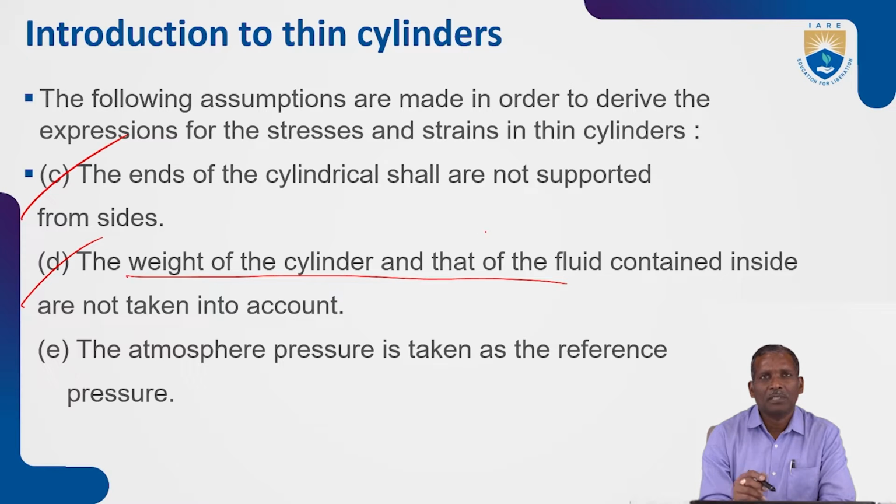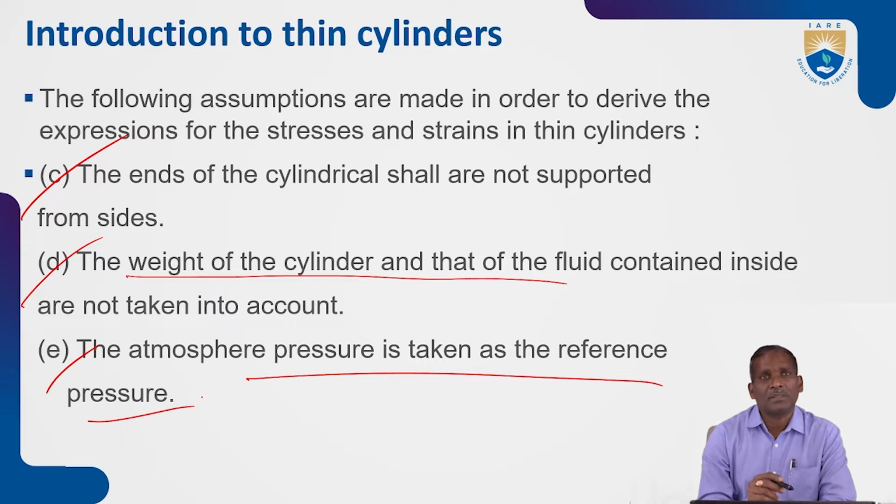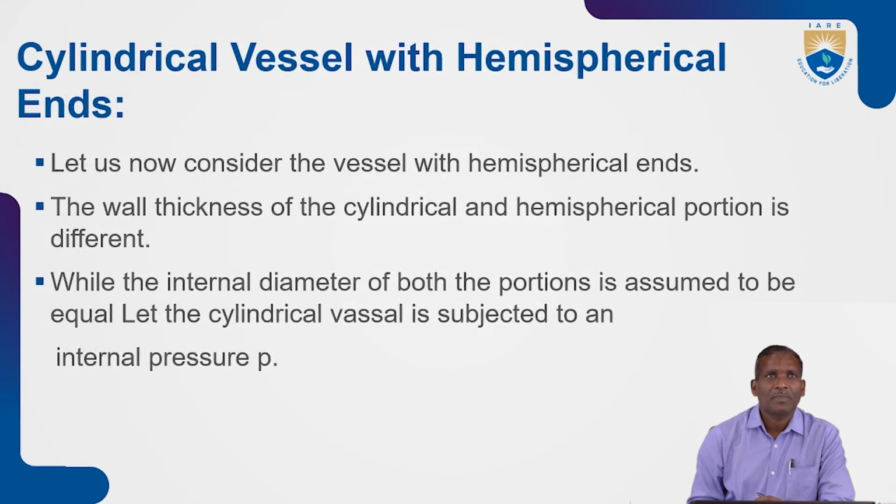The weight of the cylinder is not considered, nor whatever fluid or gas is contained inside the cylinder. While deriving equations and calculating problems, we do not take these into account. So these are the assumptions. Based on these assumptions, we derive the equations. The atmospheric pressure is taken as the reference pressure.